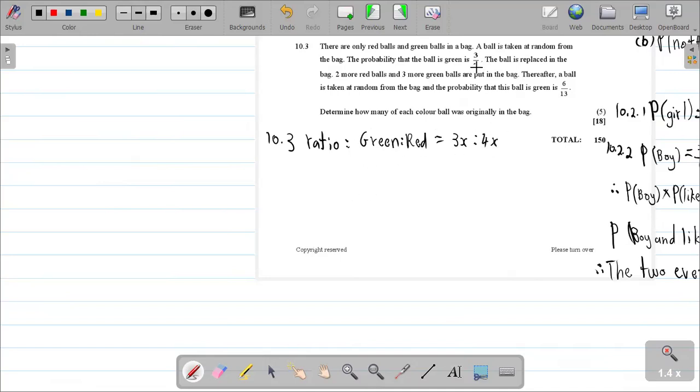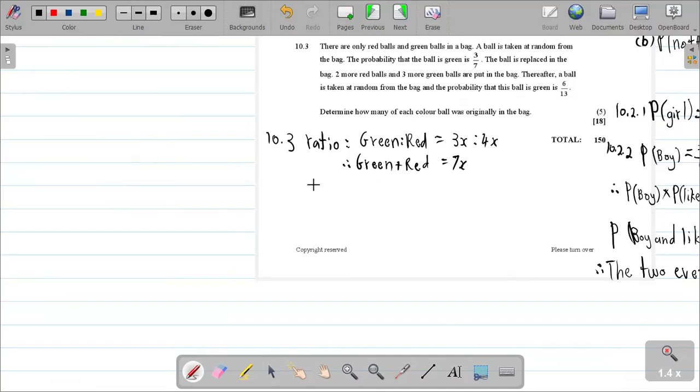So they add up to 7. So it means therefore green plus red equals 7x, 3x plus 4x.